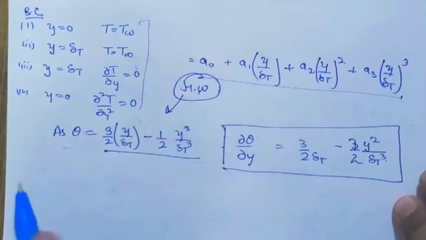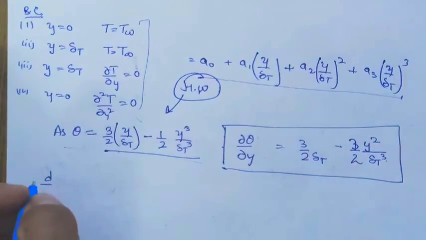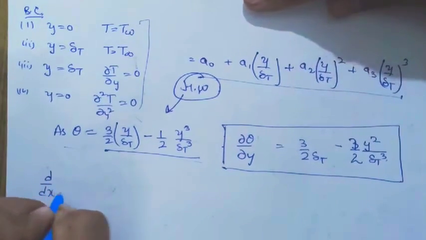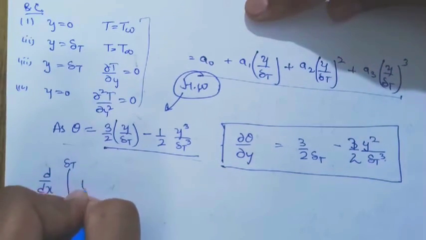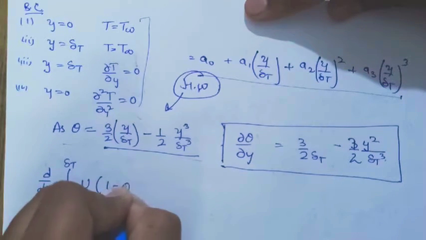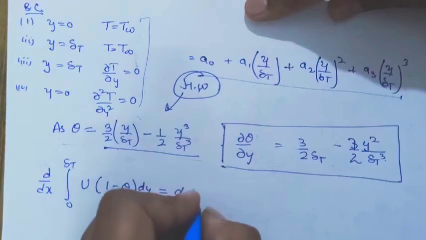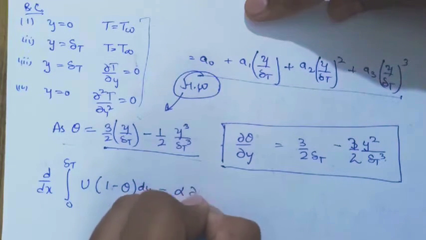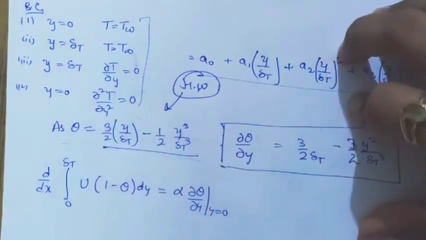So if I put this into our equation, let me write it once again, integral of 0 to delta t of u into 1 minus theta of this, right.